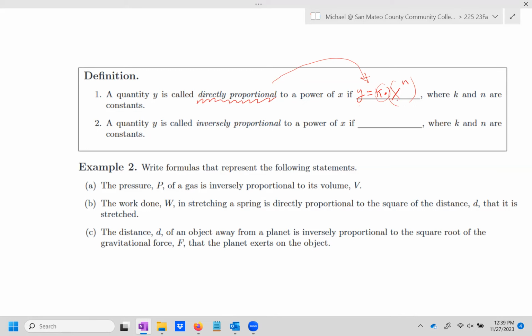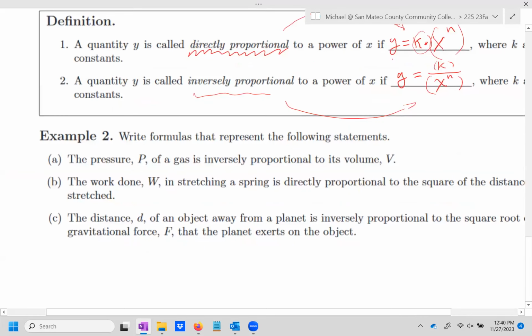Quantity y is called inversely proportional to a power of x if y is equal to, what do you think it is? Yes, reciprocal! But in this case, it's not inverse function, it's inverse proportionality. It means you're dividing by the power of n. The pressure P of a gas is inversely proportional to its volume.